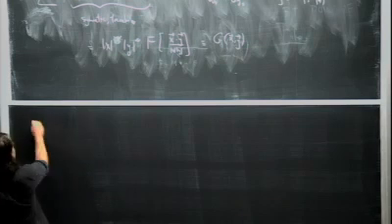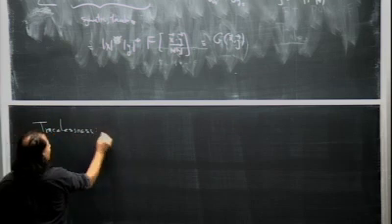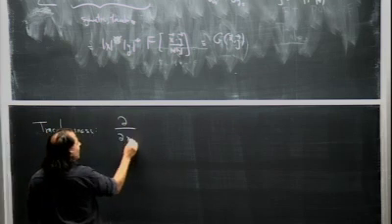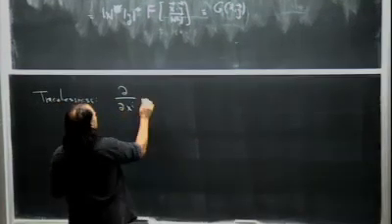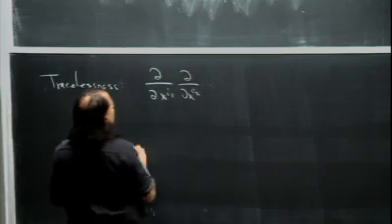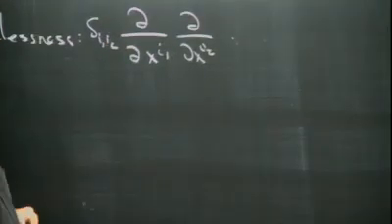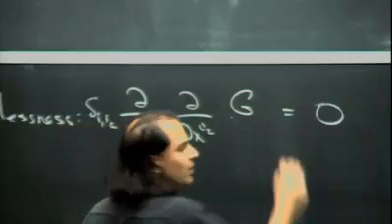Okay? Tracelessness just tells me if I take out any two x's and I contract the two indices, I get 0. Right? So tracelessness is the statement that if I take d by dx i1, d by dx i2, delta i1 i2 of g, it's equal to 0.